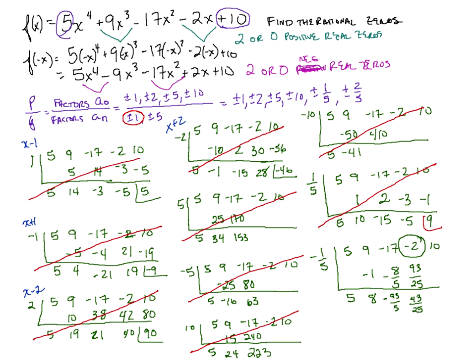I had to turn that into an improper fraction. So up here at the top, if I have 2 over 1, and I'm trying to get 25 on the bottom, I've got to multiply 25 over 25. Okay, so this would be negative 43/25, and that's not going to come out to 0 there.